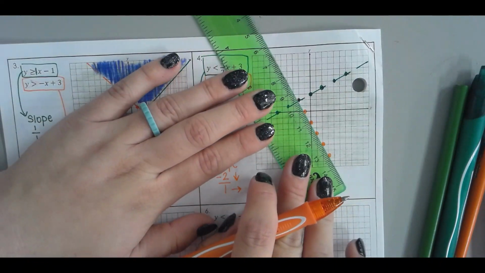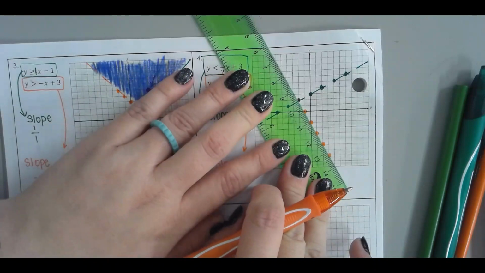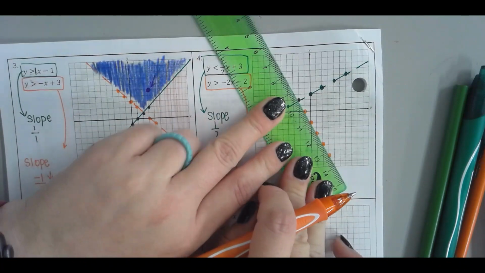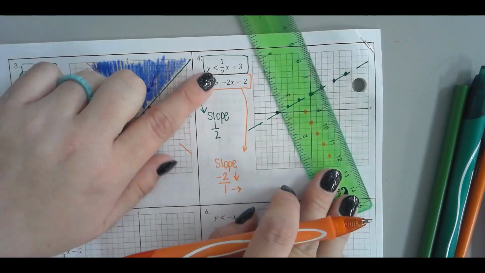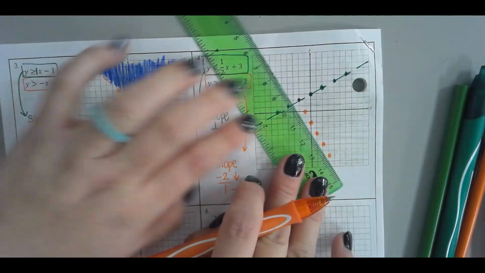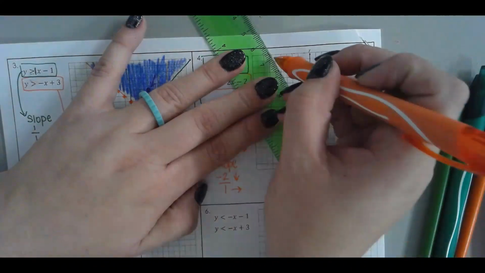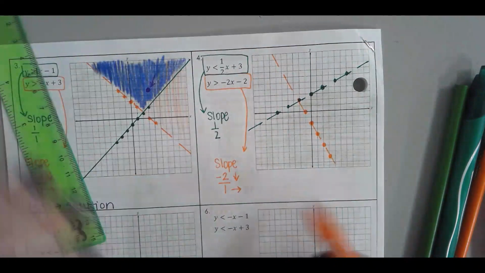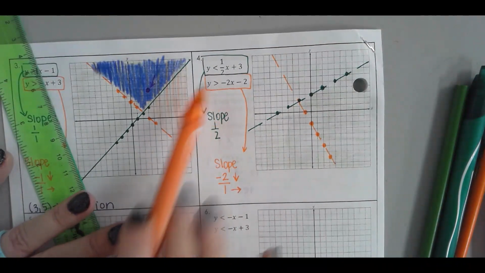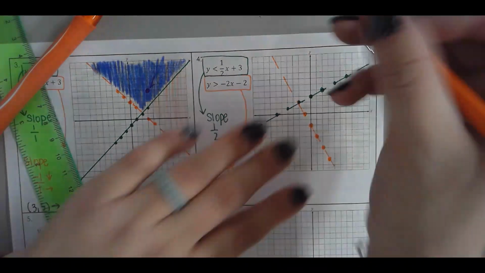Am I going to have a dash line or a solid line? It's going to be a dash line. This symbol does not have the equal to part. Yep, it is a greater than, so it is shaded above.